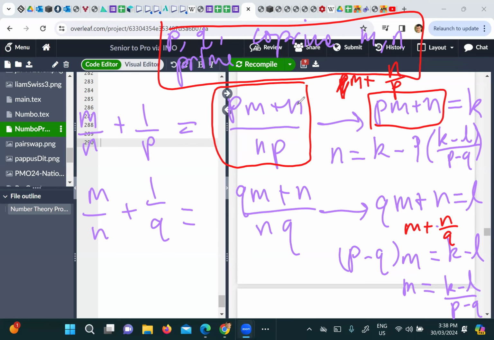Yeah, so basically if p goes into n, then this p can cancel and make it m plus n on p. Yeah? So you don't actually know what your equation is. Is it this thing equals k, or is it pm plus n equals k? You don't know. Okay?